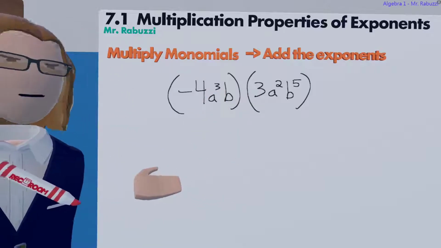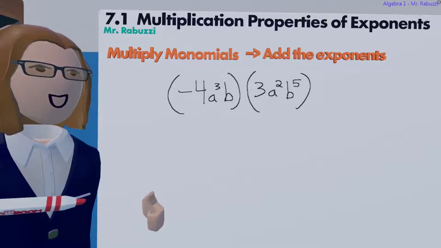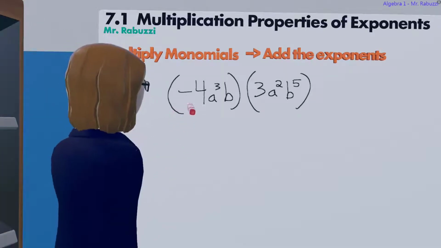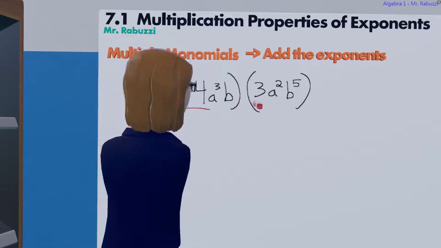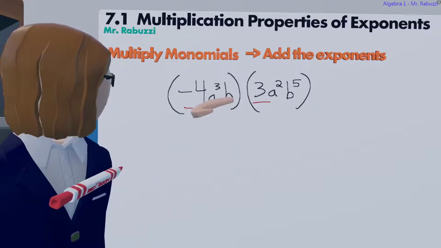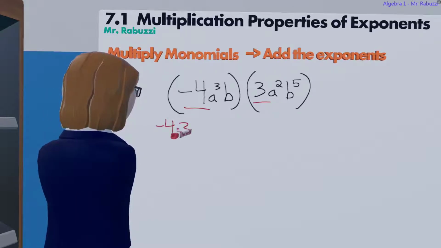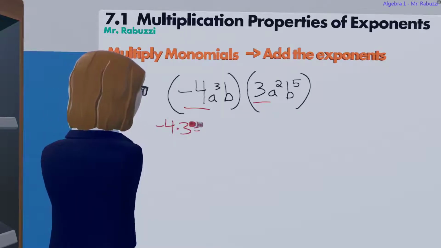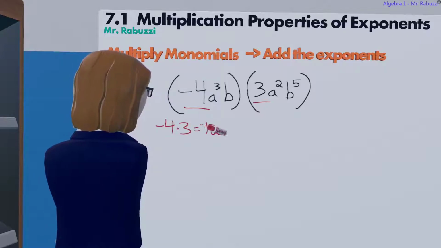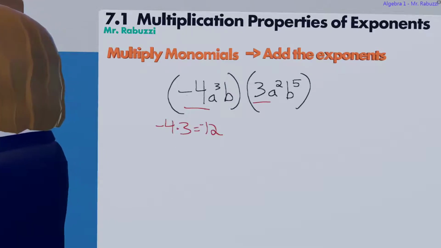That means multiply. So I'm going to break it down into pieces to multiply. First, I know how to do -4 times 3. So -4 times 3 equals -12. Okay? So that's our coefficients multiplied.